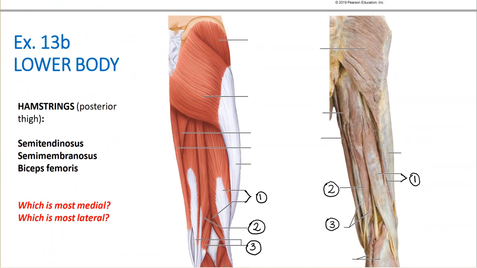So be thinking about what two sets of bones these muscles are going to bring together or shorten the angle between. Semitendinosus, one of them is going to have a long tendon. Semimembranosus, one of them is going to be medial membranosus. And biceps femoris, one of them is going to have two heads.